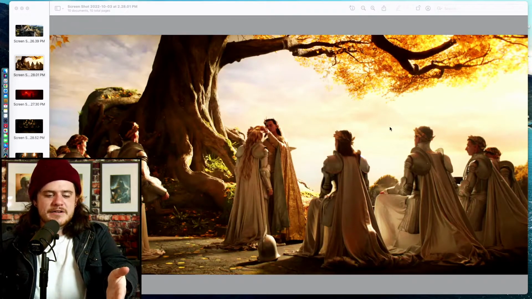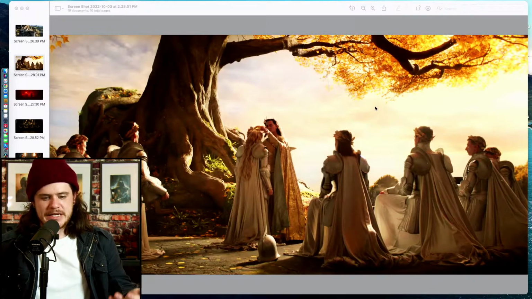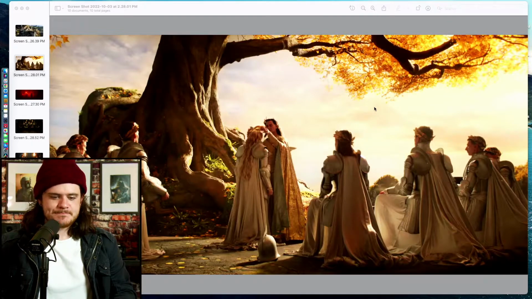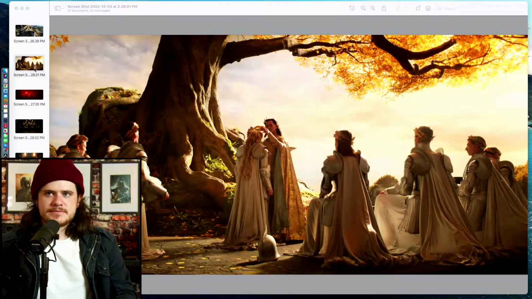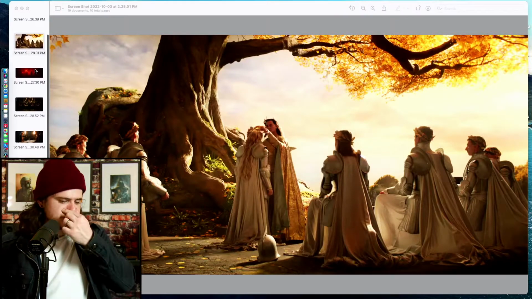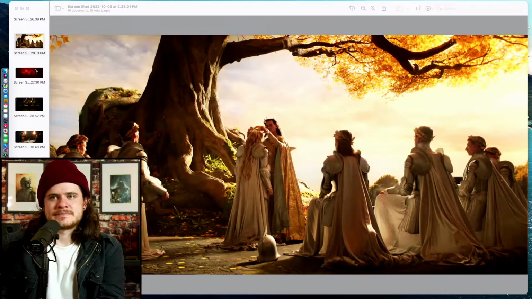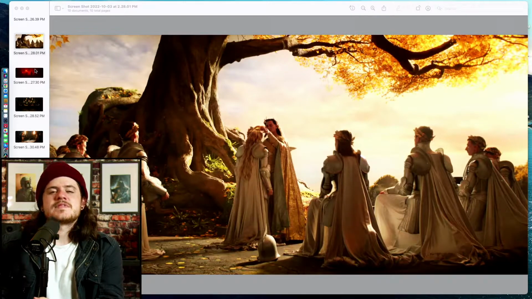This reminds me of a stage production. Yes, or it screams green screen. You know what I mean? And I know I'm going to keep calling back to the Peter Jackson movies, but I'm sorry, they're better. The Council of Elrond feels good because they're in a theater-like area.